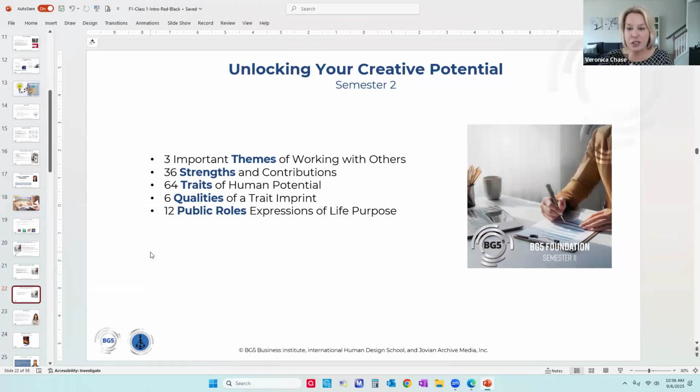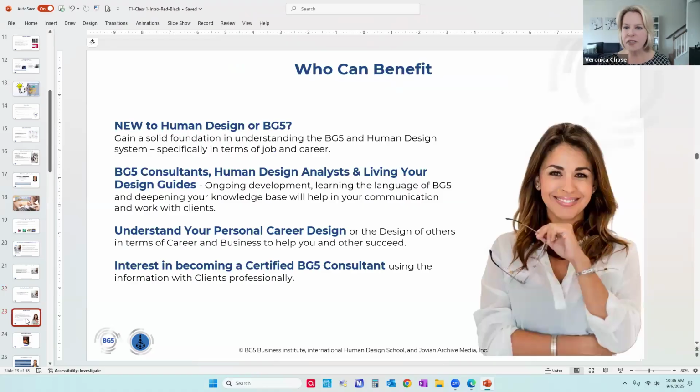Because we've got to take you into this whole other place, again, to ultimately get people ready for certification, which goes in a whole other direction. So the circuitry alone is like the first 5 or so classes in semester 2. So it is deep. Then we get into the strengths, the traits, the qualities, the public roles, right? And breaking down all of that. And we keep pulling everything back together, right? So along the way, we're dissecting, in a sense, all of these individual elements, but we have to keep pulling it back together.